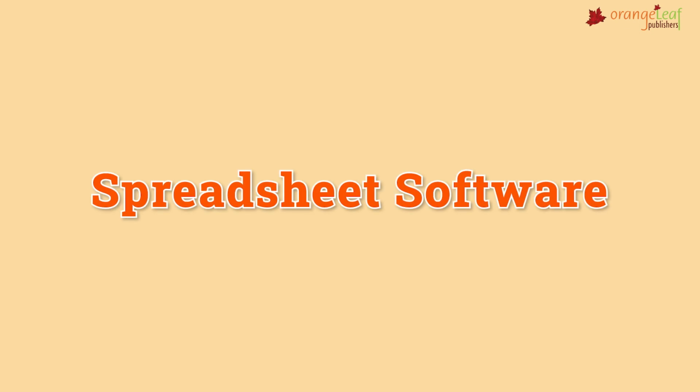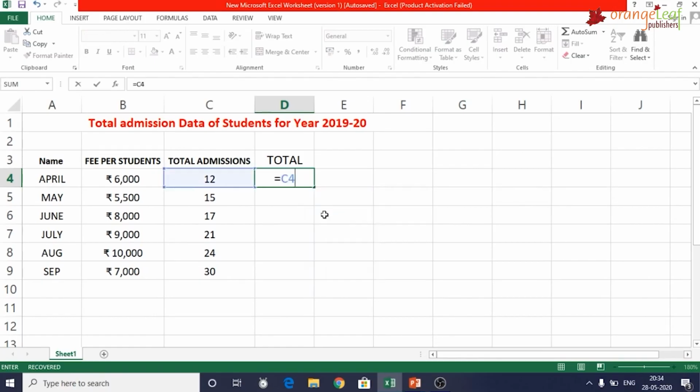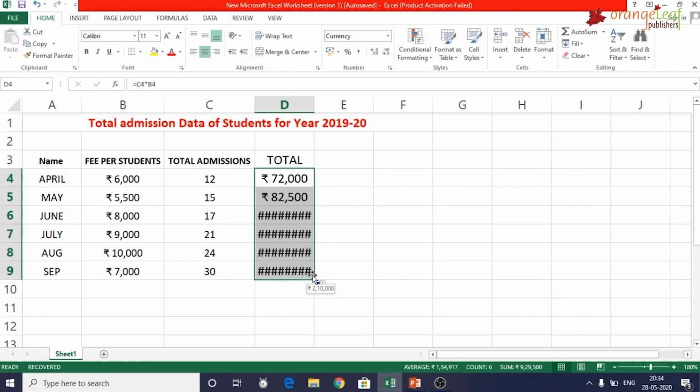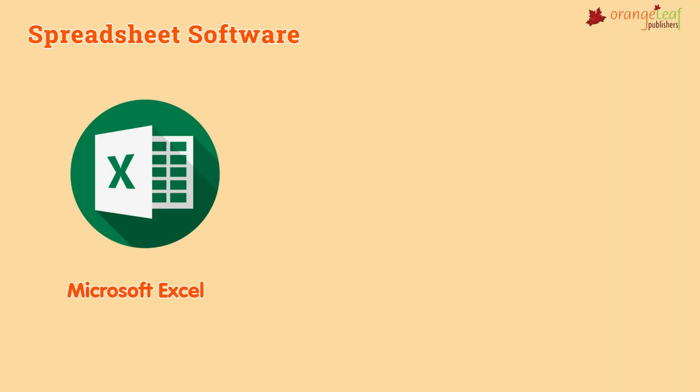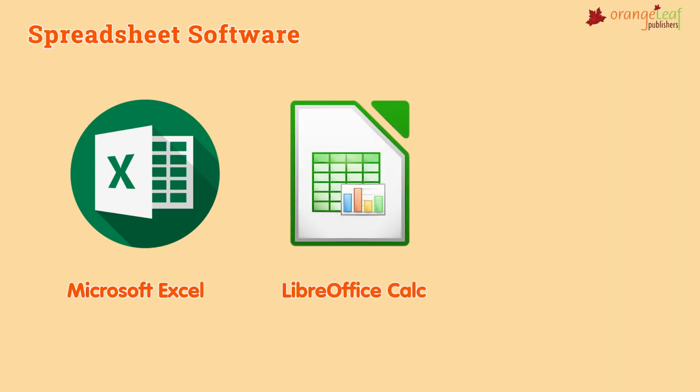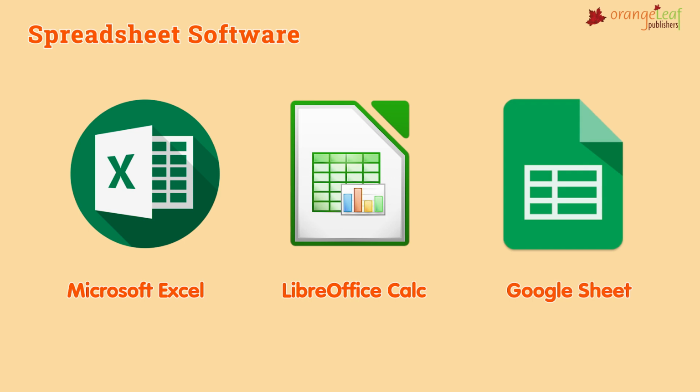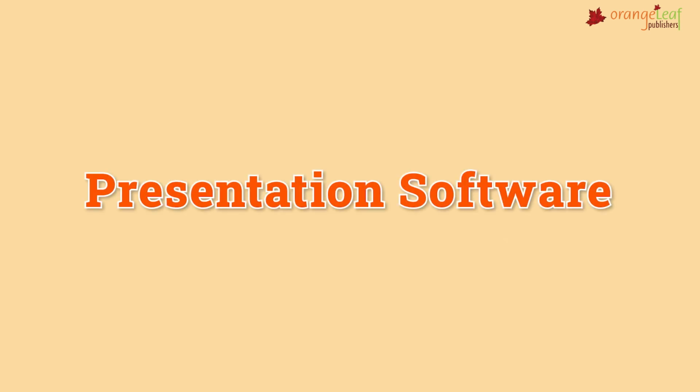Number 2. Spreadsheet software. Spreadsheet programs are capable of storing, organizing, and performing mathematical calculations on large amounts of data. Examples: Microsoft Excel, LibreOffice Calc, Google Sheets, etc. Number 3.